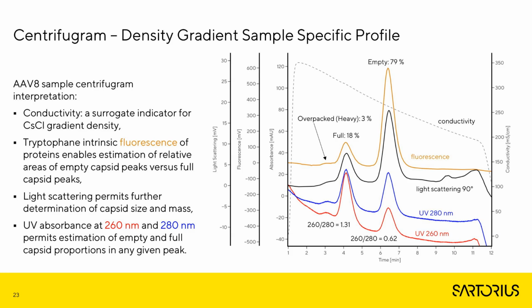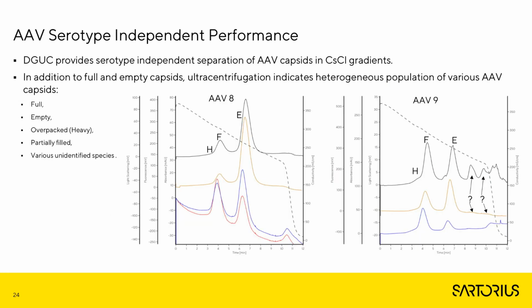I'm showing you here the profile for AAV8, but we tested the approach with several AAV serotypes, and it turned out, in contrast to chromatography, that density gradient ultracentrifugation provides serotype-independent separation of AAV capsids in cesium chloride gradients.